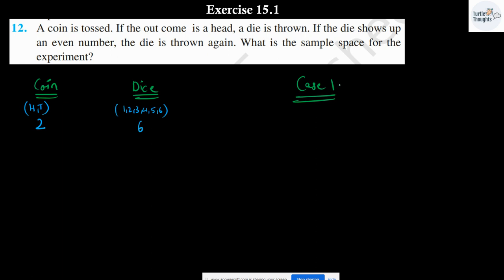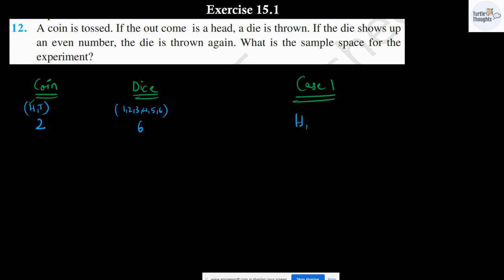In case 1, if the outcome is head, then the corresponding number on the die is an odd number, right? If the outcome is a head, then the die is thrown. If the die shows up an even number, then the die is thrown again. So if I get a head, I will start writing head.